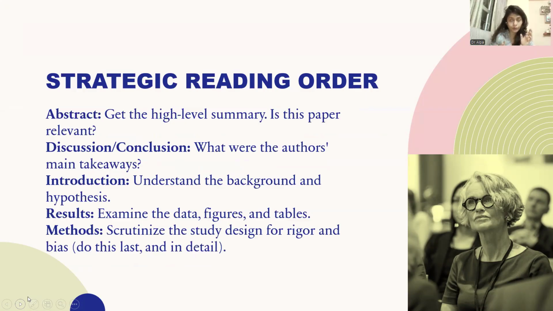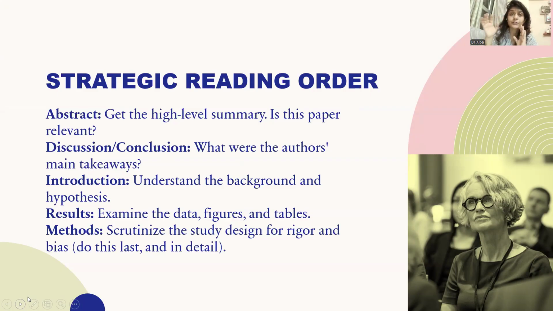You need to know the crux of any scientific research is in the section on discussion. So discussion will give you an idea of what the researchers were thinking, what they derived after getting the results. So, abstract followed by discussion and conclusion, and then come to the introduction.